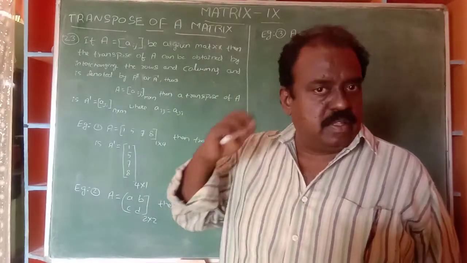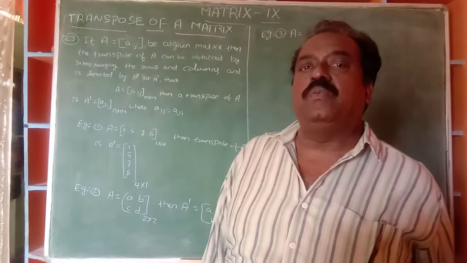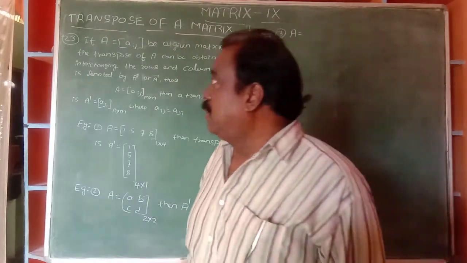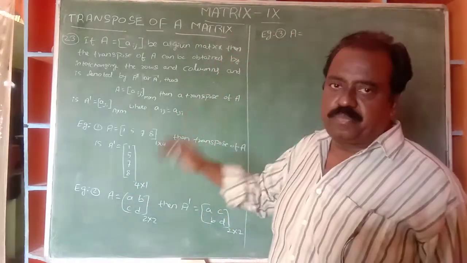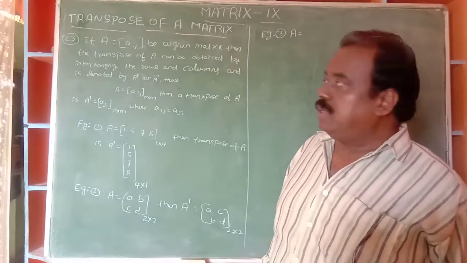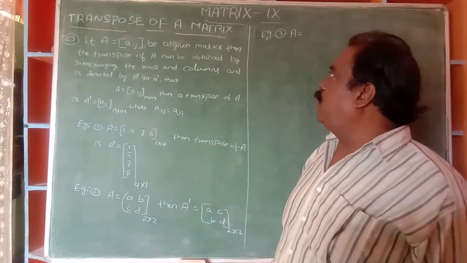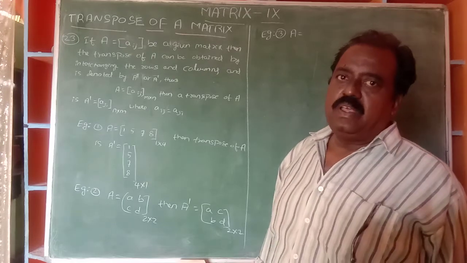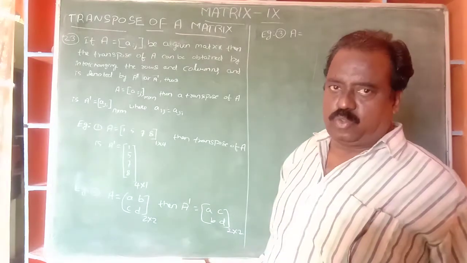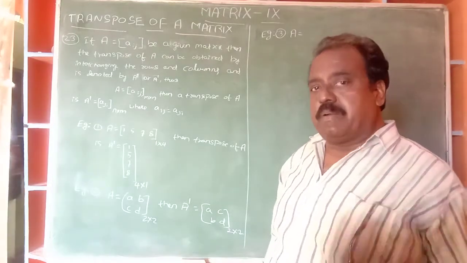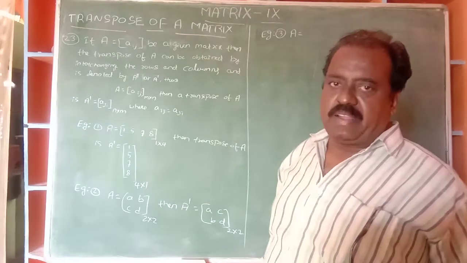Successfully we solved exercises 2.1, 3.1 and 3.2. That's okay. Now again a new topic, that is transpose of a matrix. There are many types of matrices we already discussed, and we solved the problems on the types of matrices.